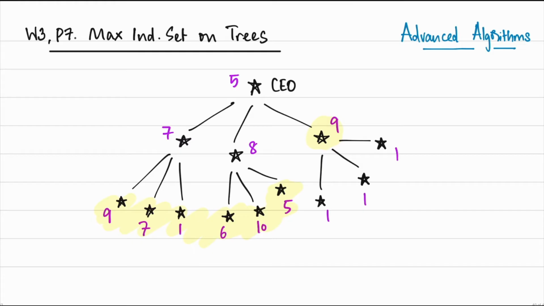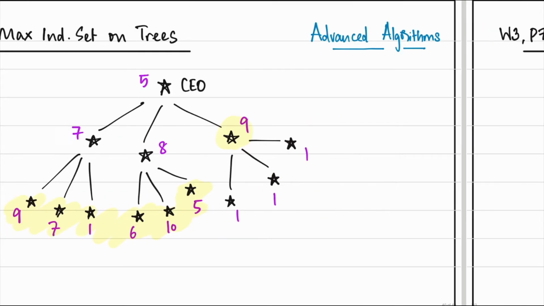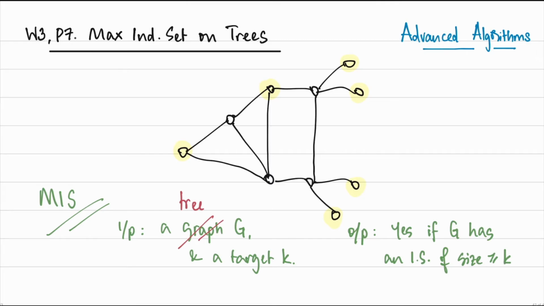In fact, here we are asking for a maximum weight independent set, which is a natural extension of this problem. So basically you're given a vertex weighted graph, and the weight of an independent set is simply the sum of the weights of all the vertices in it, and you're looking to find a max weight independent set. So I trust that you can make those translations naturally, so I'm not going to write them down.